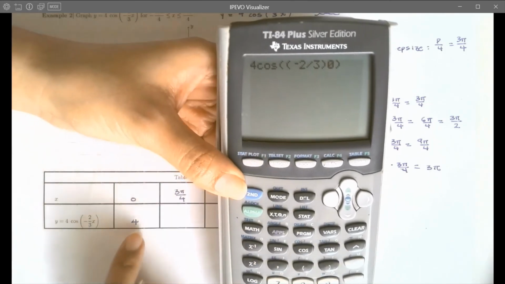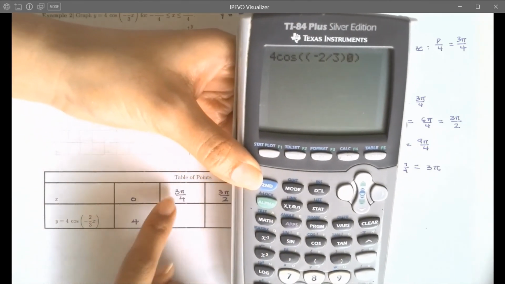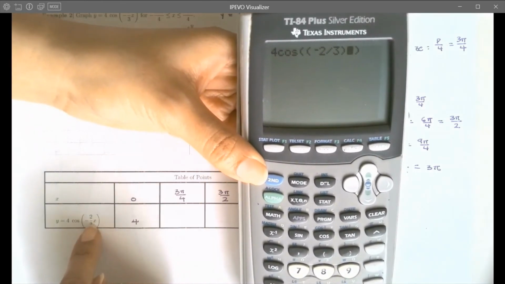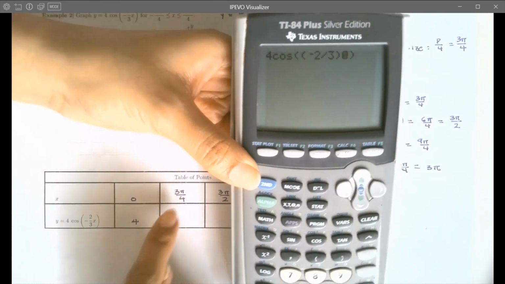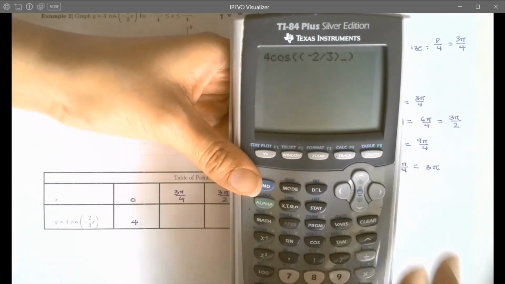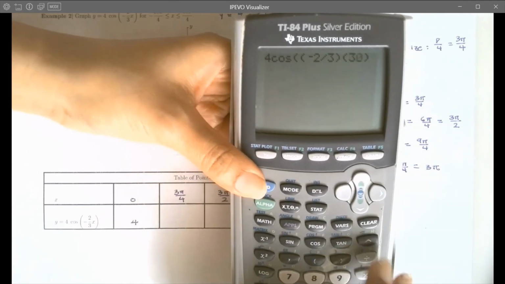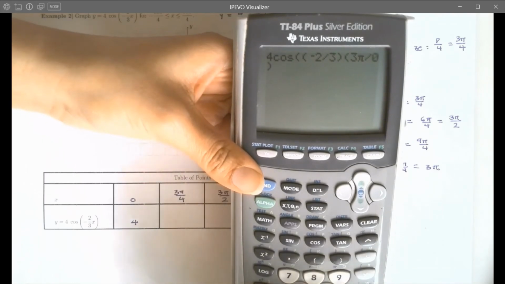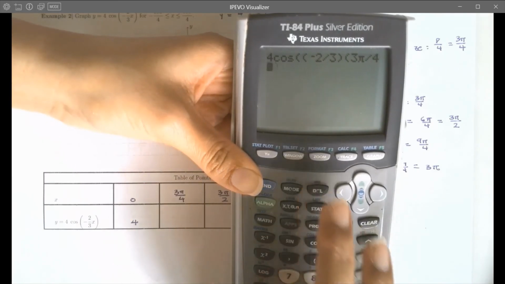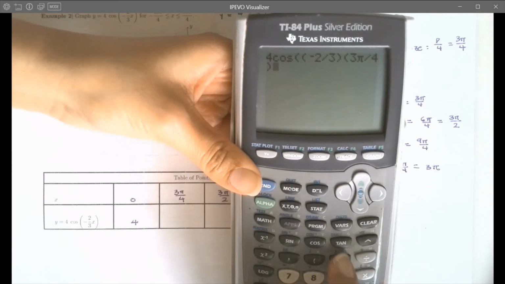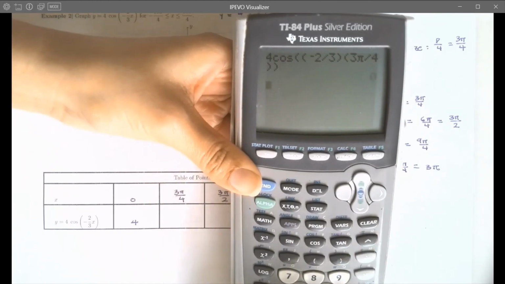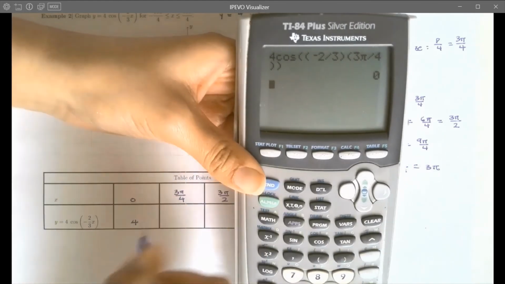Alright, so we're going to be replacing the 0 now with 3 pi over 4, because we want negative 2/3 times 3 pi over 4. So I'll include some parentheses in here and then have 3 pi over 4. Make sure I eliminate that 0, and then I'm going to be missing one closing parenthesis, so that we get 0.